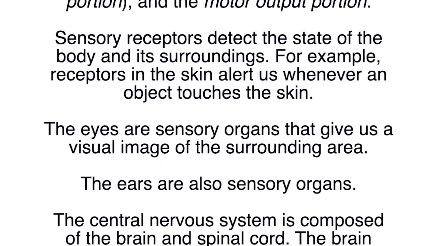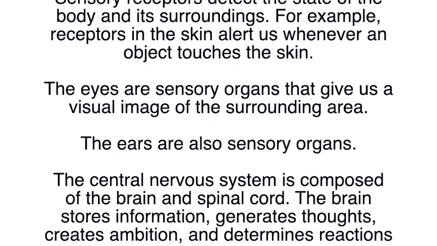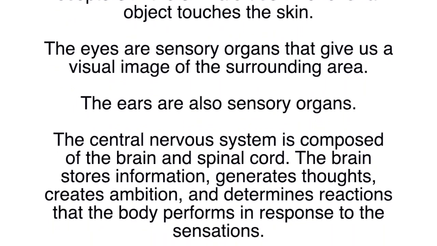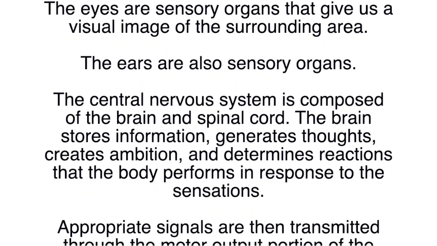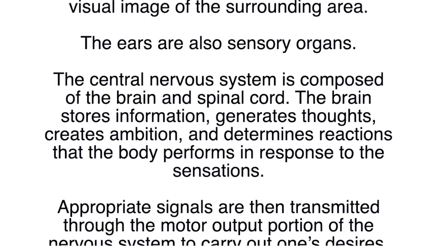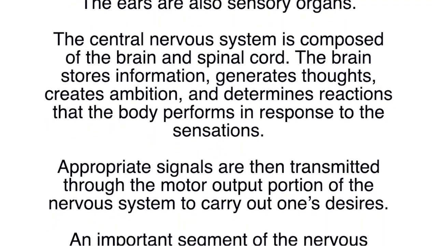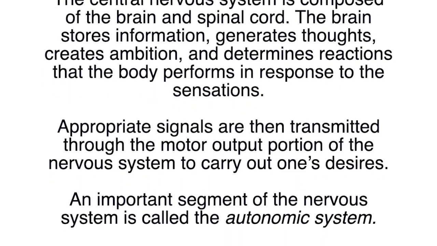The central nervous system is composed of the brain and spinal cord. The brain stores information, generates thoughts, creates ambition, and determines reactions that the body performs in response to the sensations. Appropriate signals are then transmitted through the motor output portion of the nervous system to carry out one's desires.